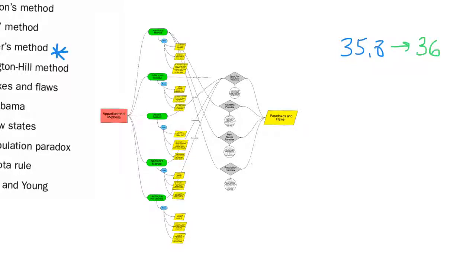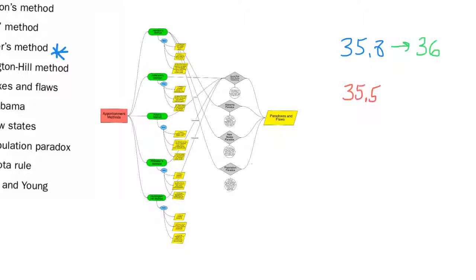Because we know that if we're dealing with a number that has a decimal value of 0.5 or above, could be 0.6, 0.7, 0.8, 0.9, then we round it up.